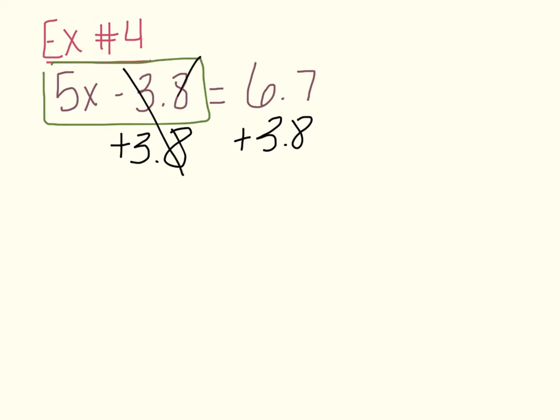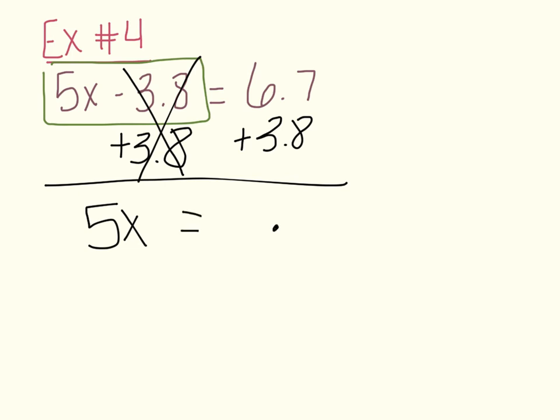This side crosses itself out, and we're left with 5x. And when you add decimals, you have to line those decimals up, and luckily they are already lined up. And then we just bring it straight down, and we add like normal. So we're left with 10 5/10.